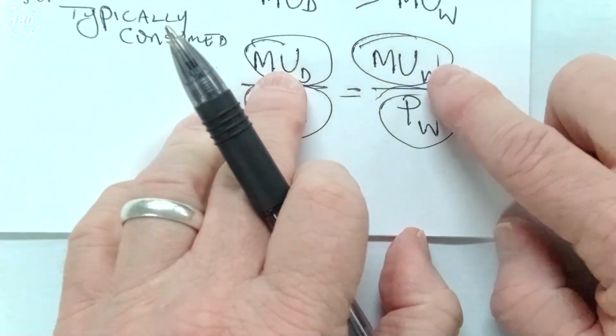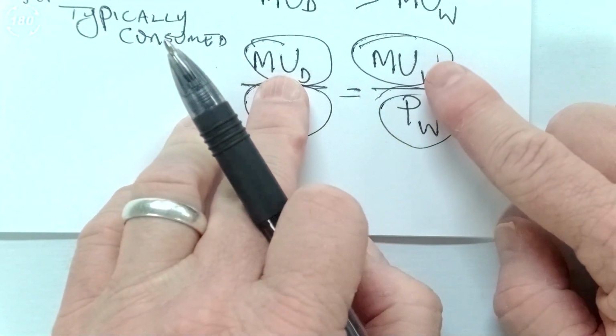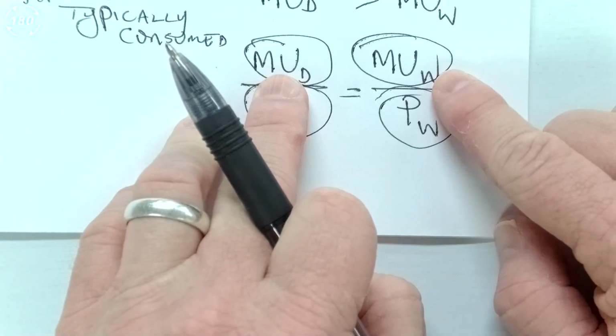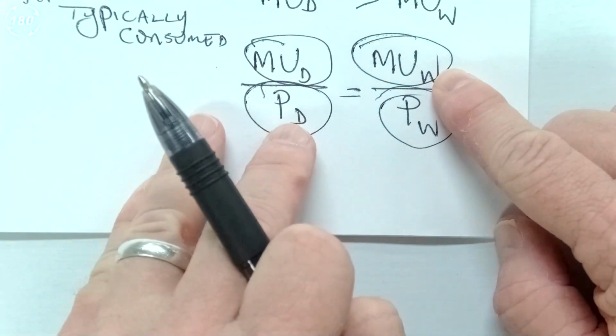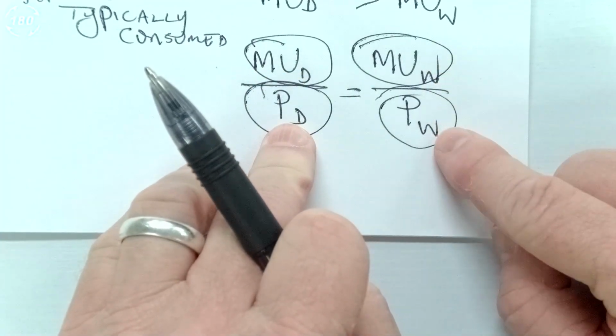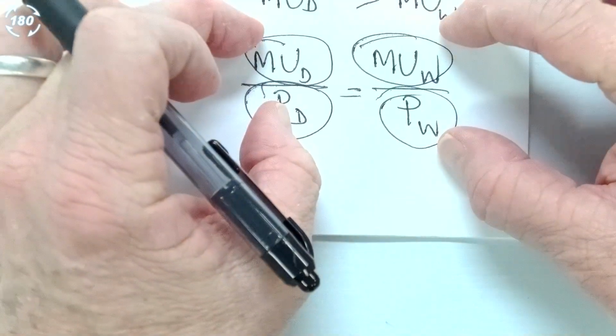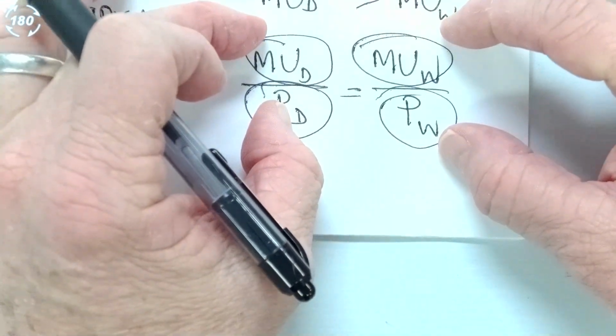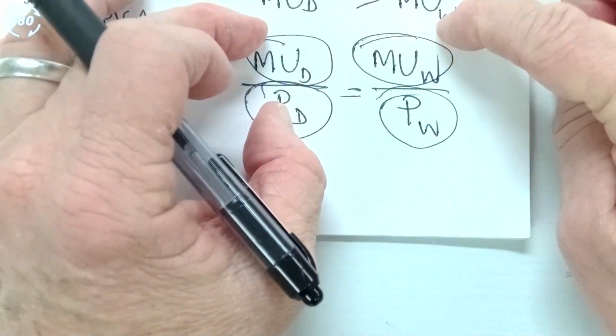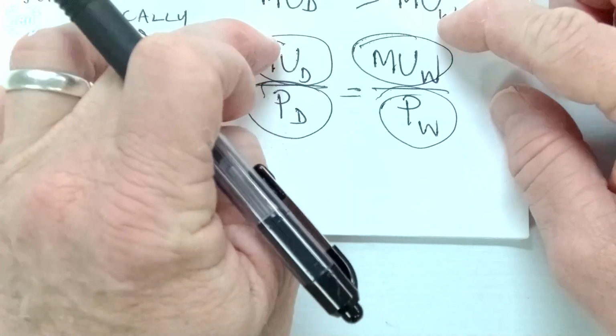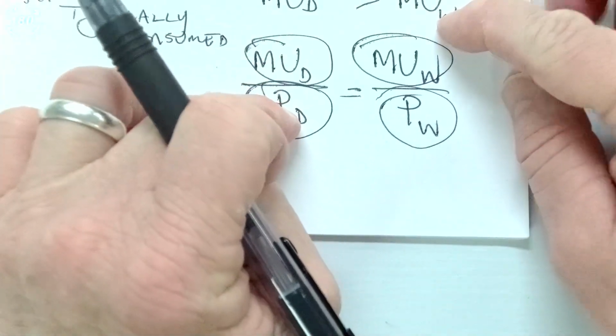In other words, the marginal utility of the last unit of diamonds is so much greater than that of the last unit of water, it means the price of diamonds has to be much greater for the two fractions to be the same. We all kind of know that relationship with fractions. If you've got a bigger numerator here, you need a bigger denominator here.